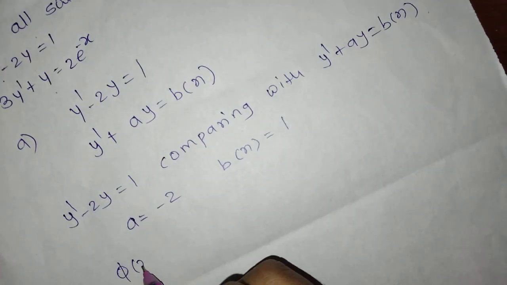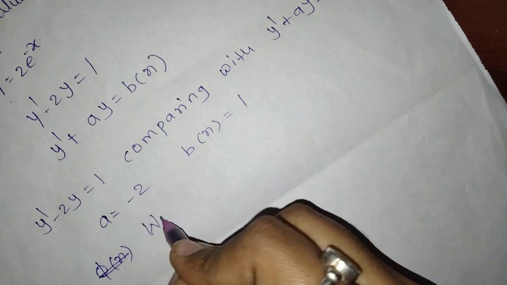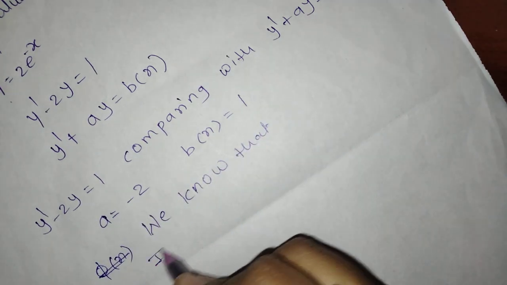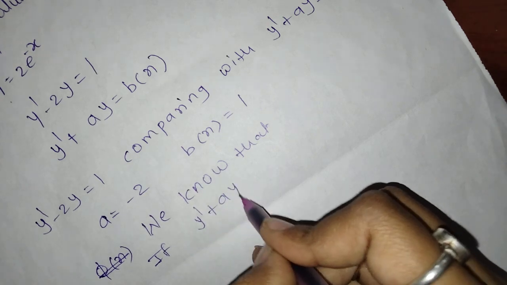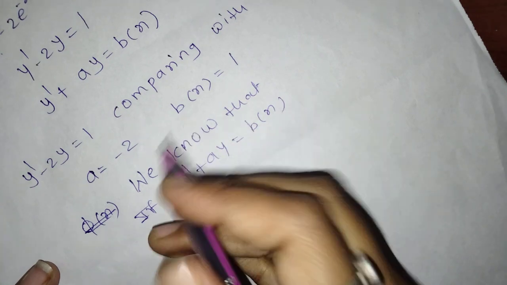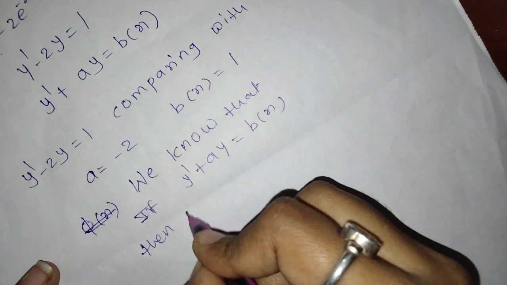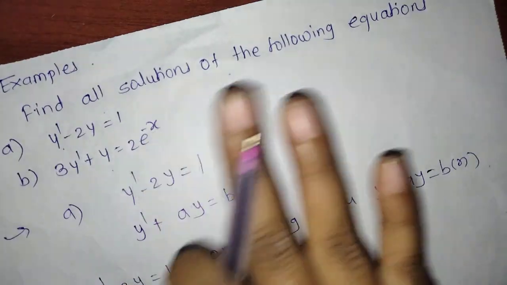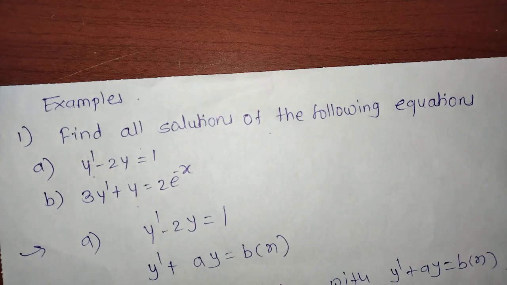Okay, so a is equal to -2 and b(x) is equal to 1. So φ(x) is equal to, for your understanding, we know that if the equation is in the form y' + ay = p(x), then φ(x) is equal to e^(-ax). Now here you can see that limits are not given, which means the interval is not given.